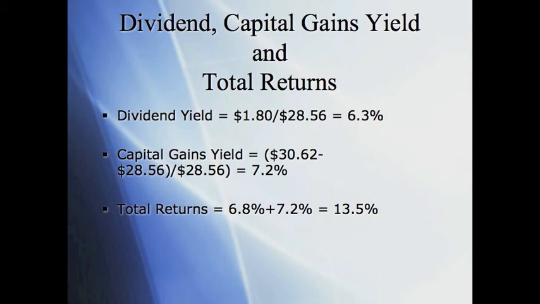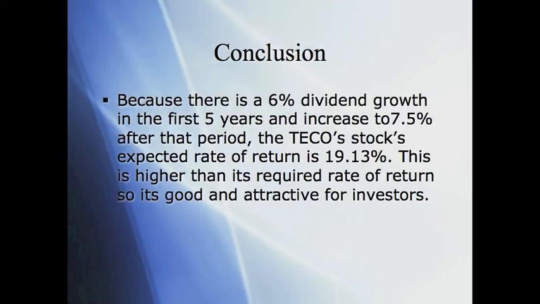So for the dividend yields, this would amount to $1.80 divided by 28.56, equal to 6.3%. Similarly, for the capital gains yield, it would be 30.62 minus 28.56 all over 28.56, yielding 7.2%. To figure out total returns, you add dividend yields and capital gains yields, amounting to 13.5%.